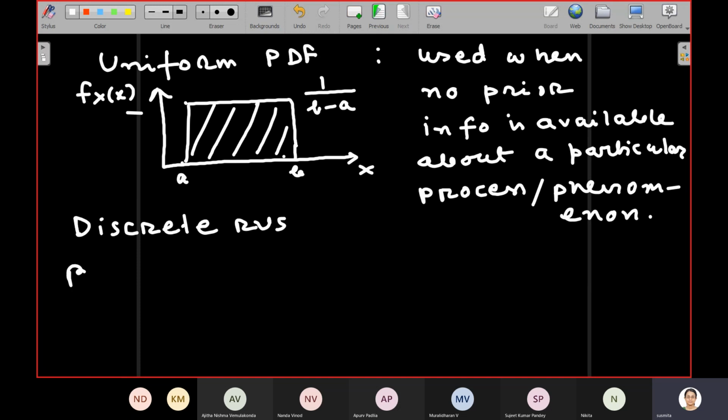Okay, the first one that we'll consider is called the Bernoulli trial. A Bernoulli trial is a random experiment with 2 possible outcomes.